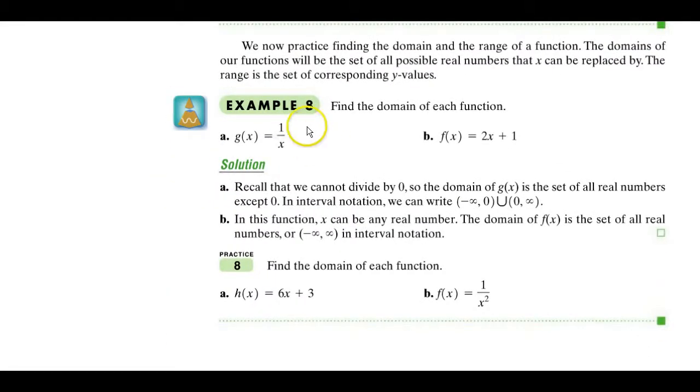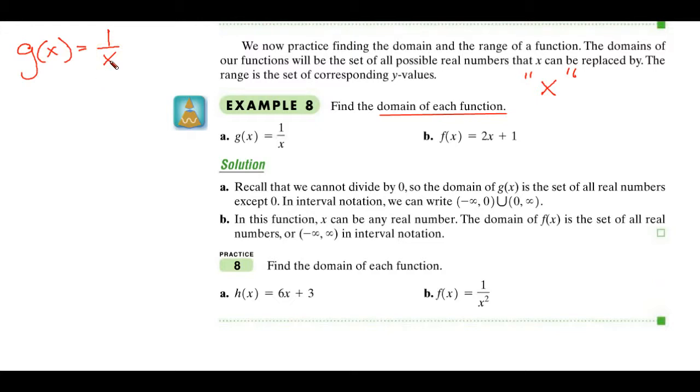Going on to example 8, here we're going to take a look at what is the domain of each of these functions. Now, when we say domain, we're looking for values of x. So as we look at example 1, what values of x can be found in the denominator?